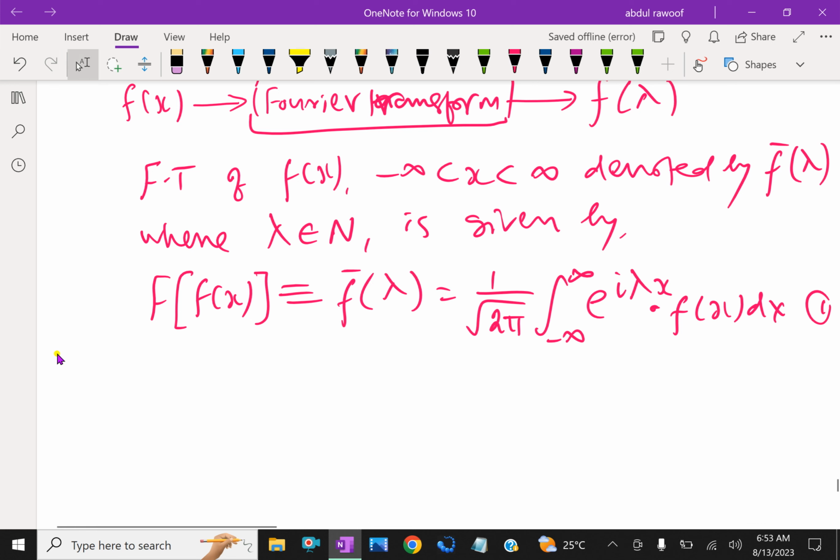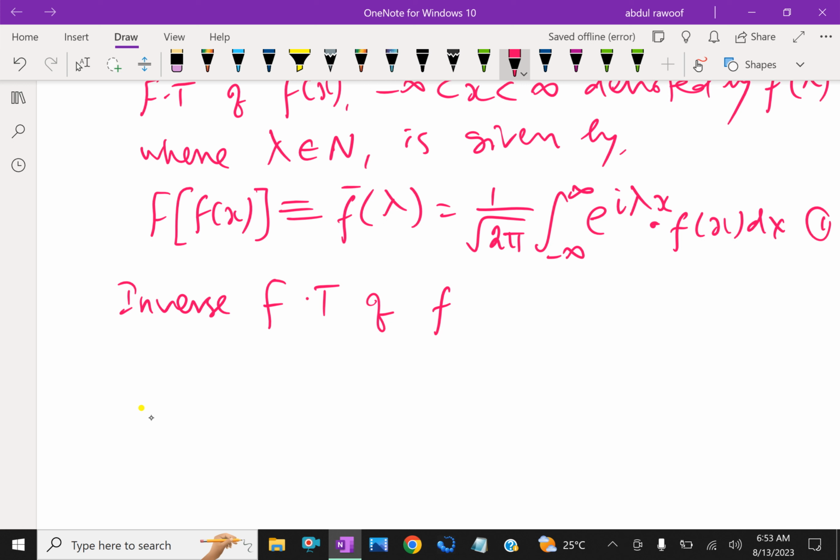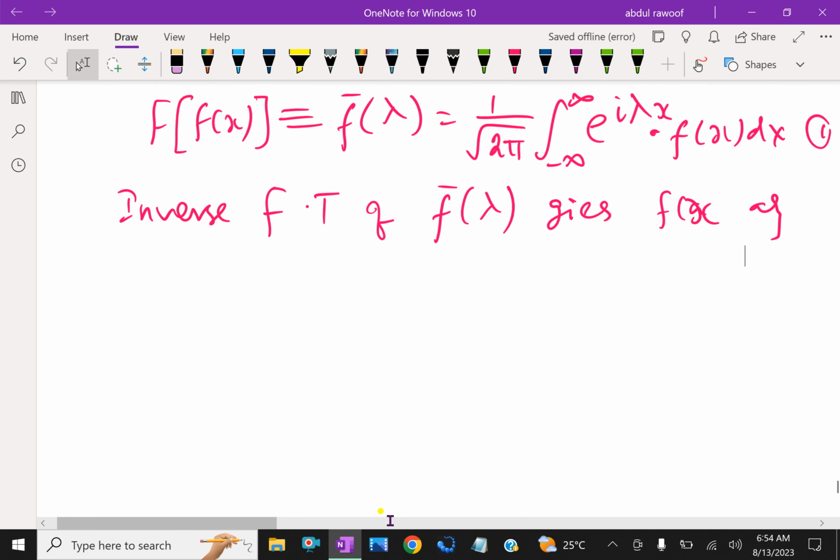Also, the inverse Fourier transform of f dash of lambda gives f of x.